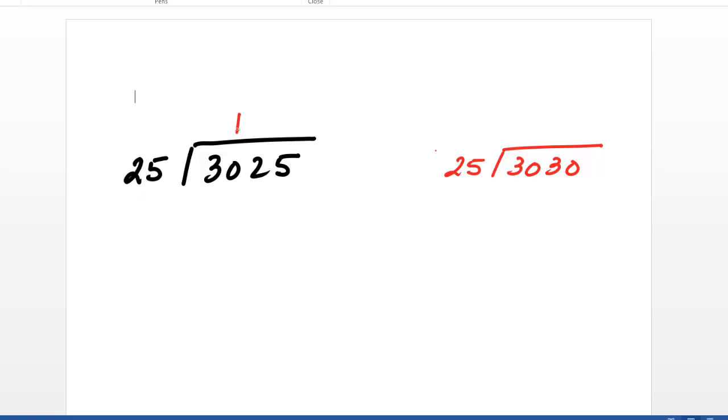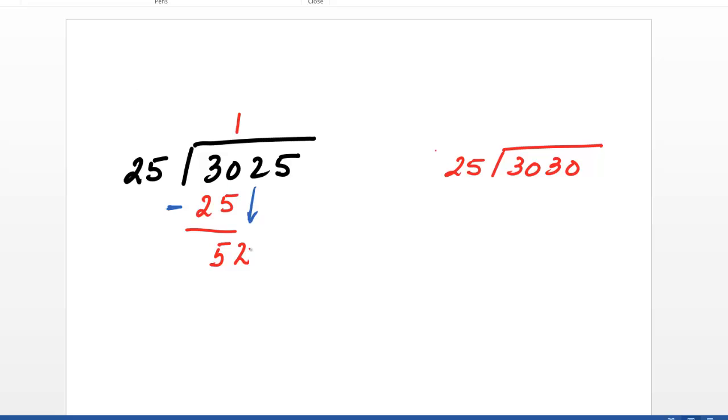And I know that'll go in 1 time. So then I'm going to multiply 1 times 25 to get 25. Now if you recall, we need to subtract the 25 from the 30. So even though I have a 25 in here, it's understood that we're going to subtract that, leaving us just 5. Now, we need to drop down the next term, which is the 2.